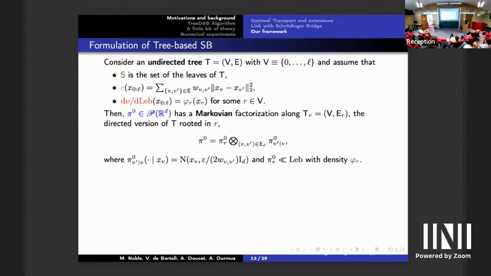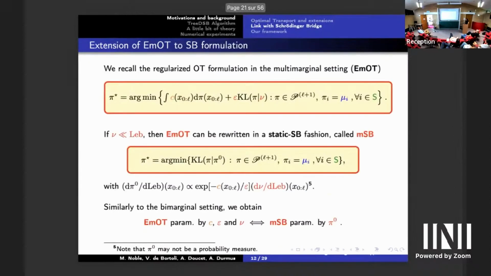No, you don't have a proper distribution otherwise, because if you write this and you decouple along your edges, what you have is conditional Gaussian distributions following the edges of the tree. And so the only choice that you have is the choice of the first node. Otherwise, you don't have a probability distribution, and we want to be in the case of the Schrödinger bridge setting.